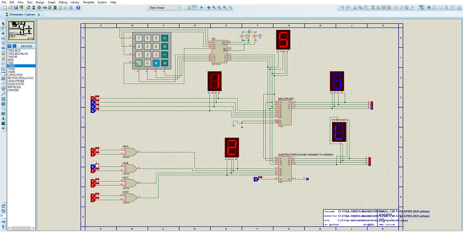Now 0 plus 2 is equal to, so this is our adder subtractor. Now I'll be converting it back to subtractor, and it is going to be giving us the right output.